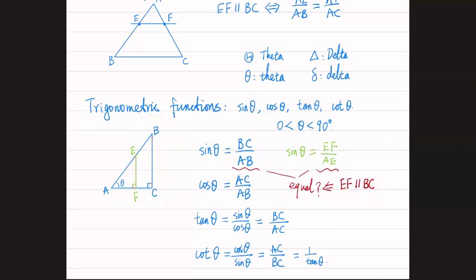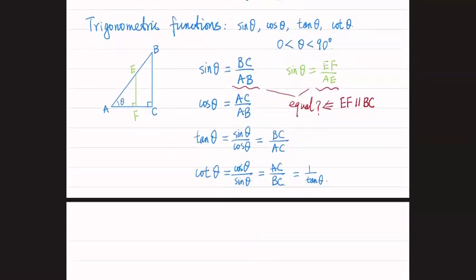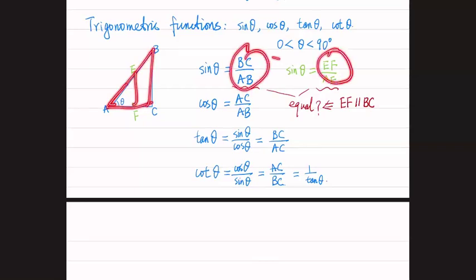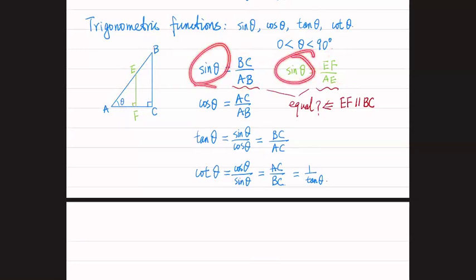Because it's like corresponding angles and they're right triangles. Okay, so the two angles, they are all 90 degrees. In particular, they are the same. So yes. Therefore, even though the triangles are different, the ratio is the same. Okay, so these functions are well defined.